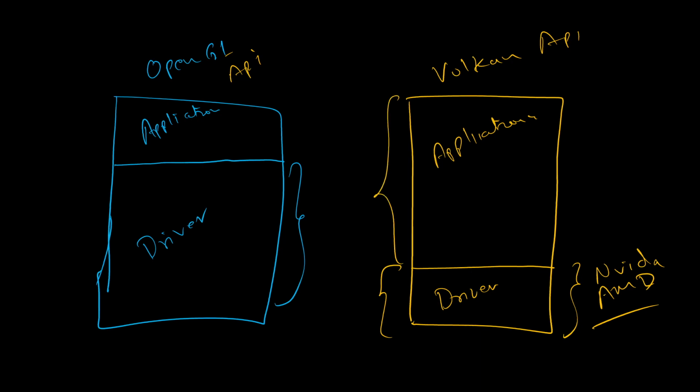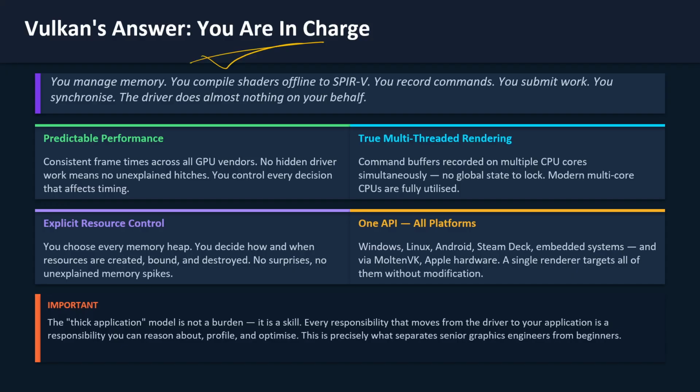But that truly pays off. Why does it pay off? Because of the advantages that I just mentioned, the advantages that we discussed over OpenGL. So this is the big difference between an OpenGL application and a Vulkan application.